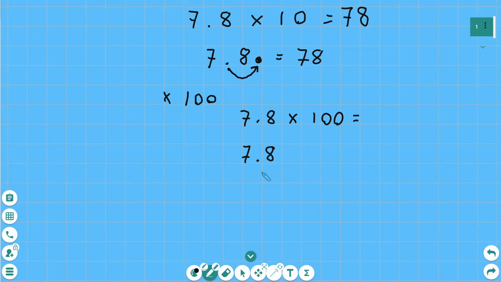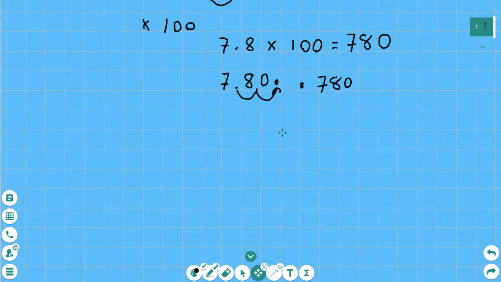We're multiplying, so the decimal point is going to move to the right. The number is going to get bigger. Hoppity hop, it's going to end up there. A placeholder will fall into the loop where it's been, and this will be 780. I shouldn't really put an equal sign there. So hopefully that's making some sense.